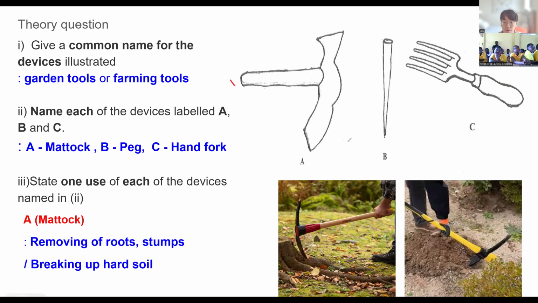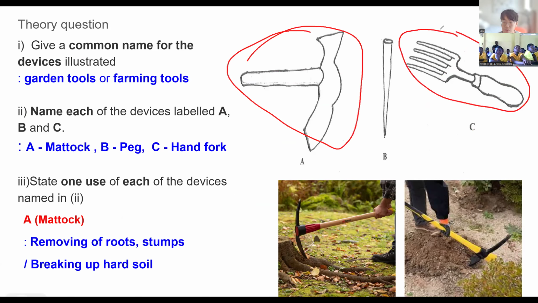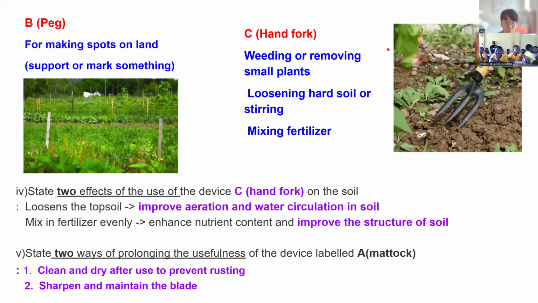This is a lot bigger and stronger than the smaller hand fork. So obviously, this larger mattock is used for harder jobs like digging, breaking up the roots, and so on. But the hand fork is used for smaller jobs like removing small plants.